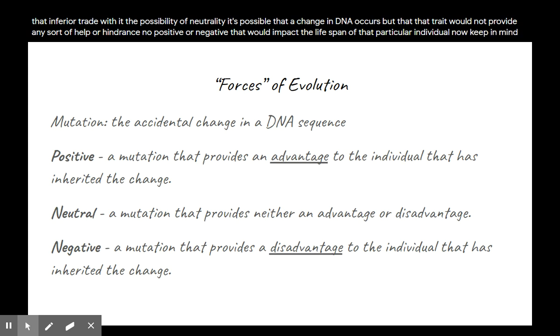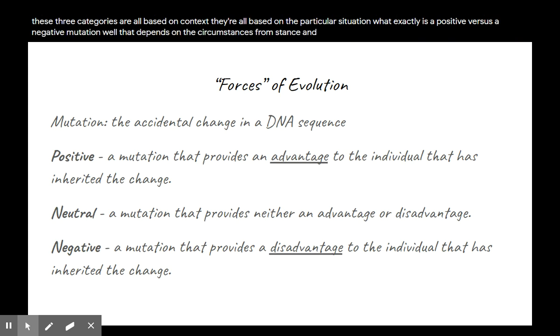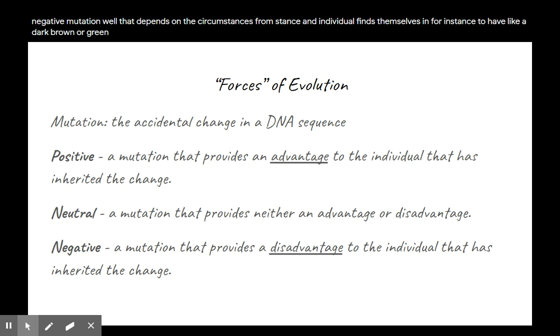Now, keep in mind, these three categories are all based on context. They're all based on the particular situation. What exactly is a positive versus a negative mutation? Well, that depends on the circumstance an individual finds themselves in. For instance, to have dark brown or green coloring is great if you live in the forest, but it's awful if you live in the desert.